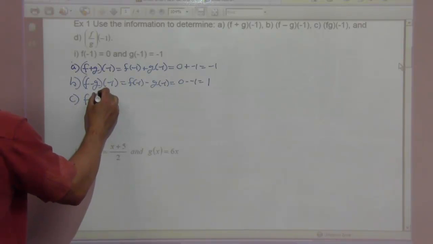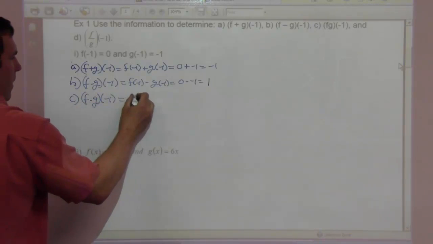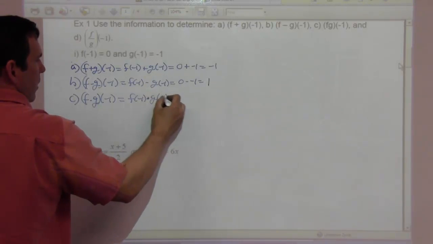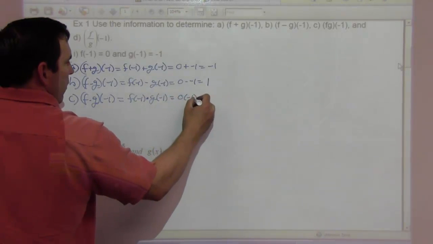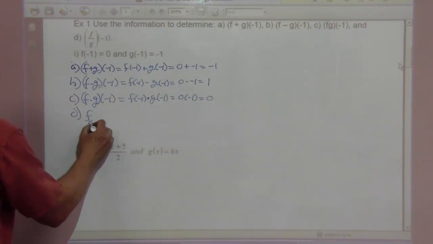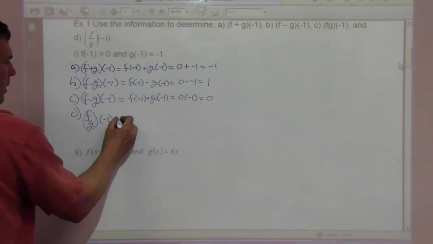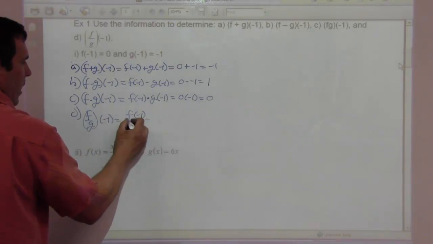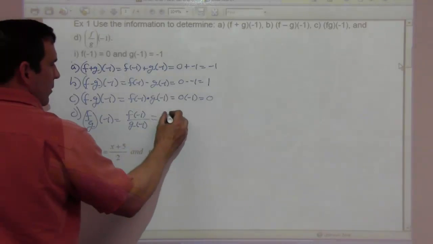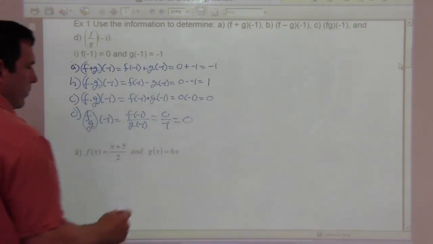F times g of negative 1 is f of negative 1 times g of negative 1, or 0 times negative 1, which is 0. And f divided by g of negative 1 is f of negative 1 divided by g of negative 1, or 0 over negative 1, which is 0.